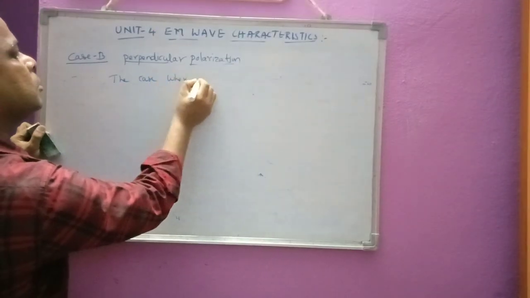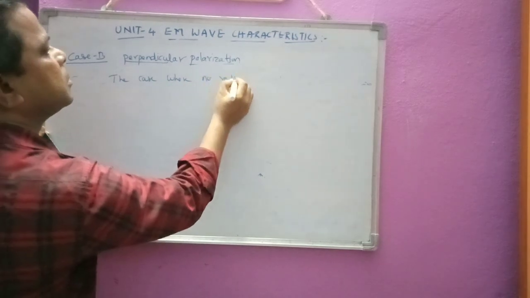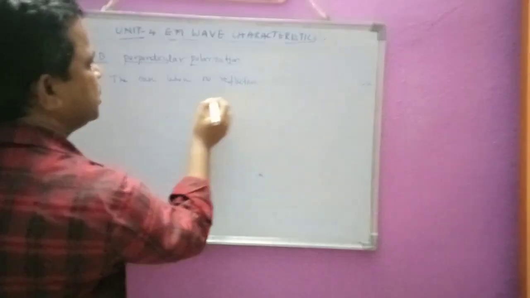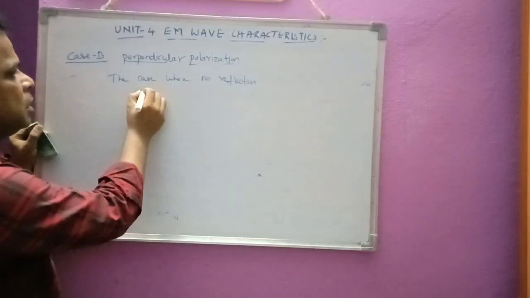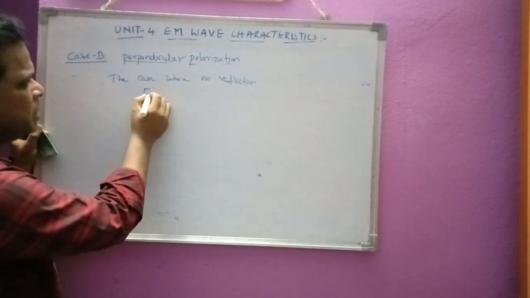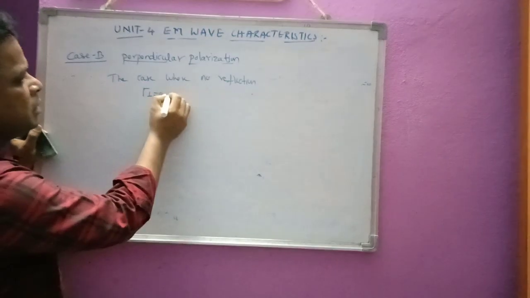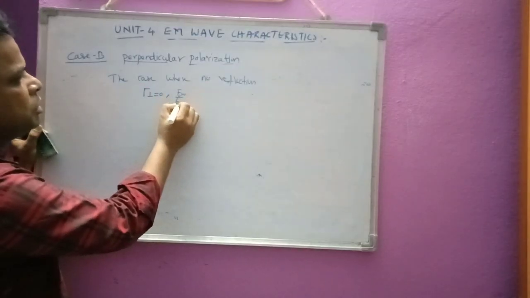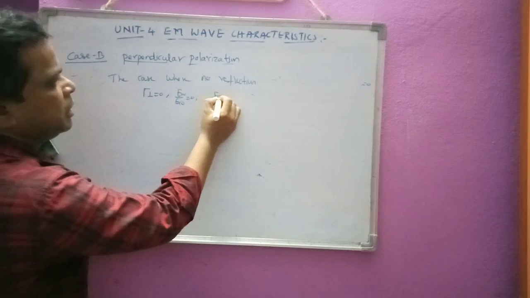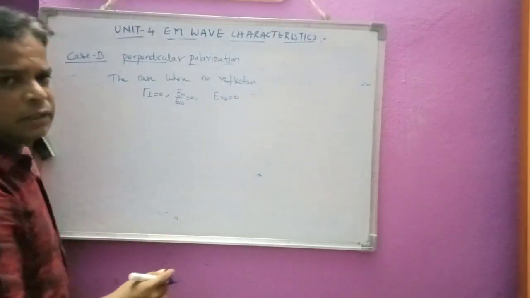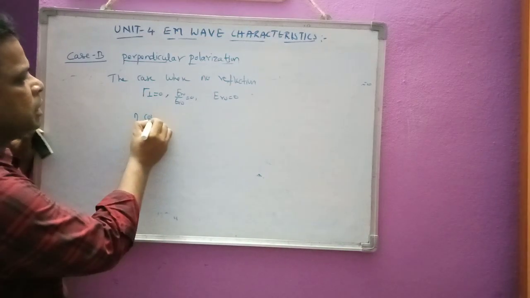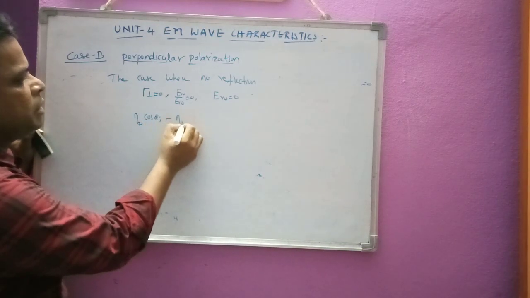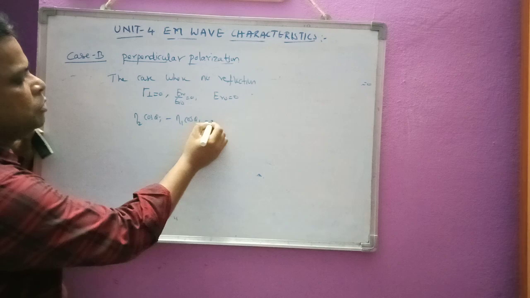For the condition where there are no reflections, we are going to set gamma perpendicular to 0, as we set gamma parallel to 0. That is, ER0 to EI0 is equal to 0, which means ER0 is equal to 0, that is, the numerator is equal to 0: eta 2 cos theta I minus eta 1 cos theta t equal to 0.